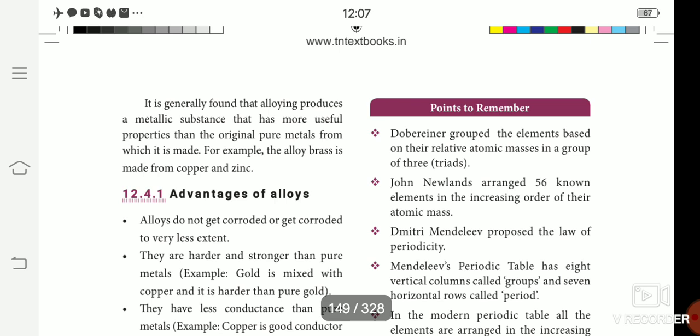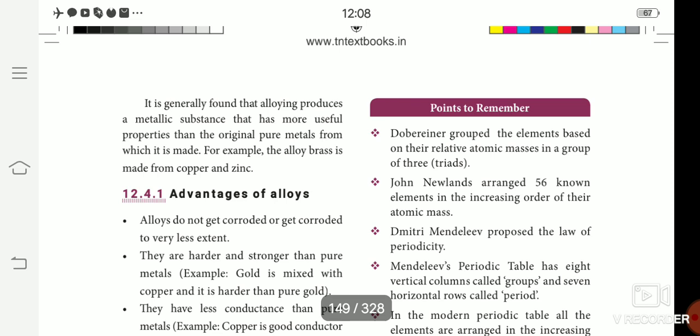Alloys generally have less conductance than the pure metal, and bronze is not a good conductor. Some alloys have a lower melting point than the pure metal. The last one is the alloy of mercury, called amalgam.